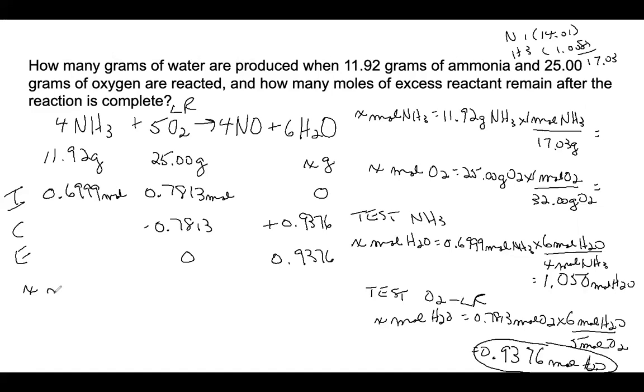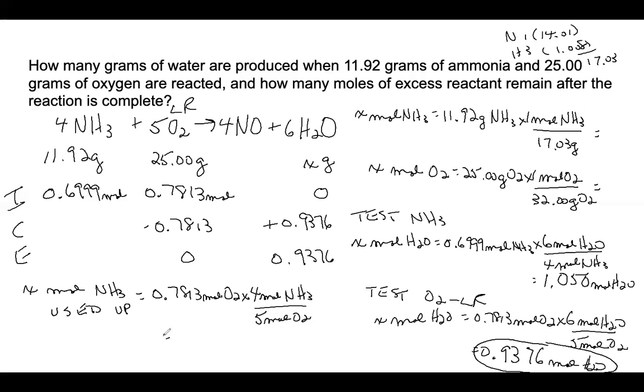So X moles of NH3 used up equals the amount of limiting reactant that got used up, 0.7813 moles of O2 times 4 moles of NH3 for every 5 moles of O2.